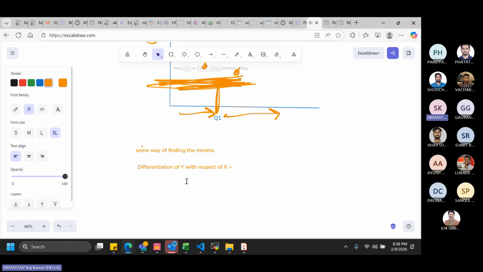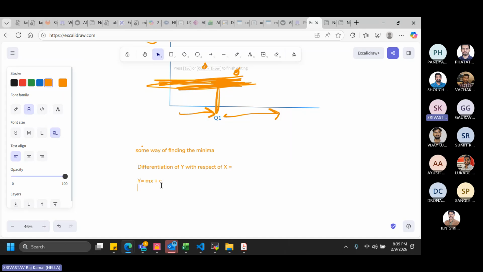This is my equation, y equals mx plus c. So if you differentiate, the people who do not know differentiation or forget, that's okay. If this is an equation, I do the differentiation of y with respect to x, the output would be, intercepts are constant.